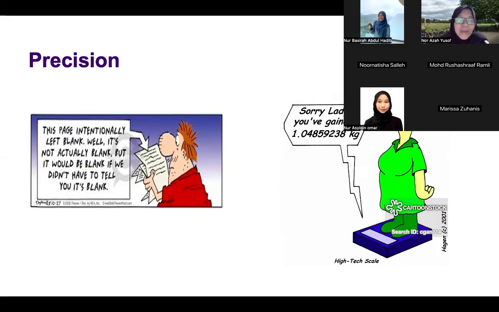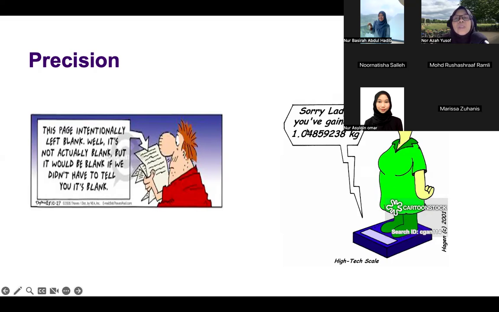It's not actually blank, it's just a joke. And this one, this lady, this is the balance: "Sorry, lady, you have gained 1 point," with a few numbers here, decimal points. As I mentioned, the greater the decimal points, the more sensitive the machine.